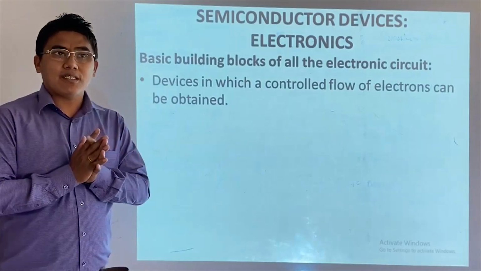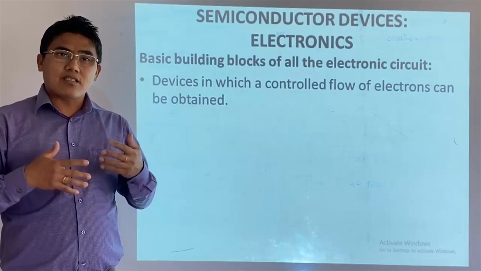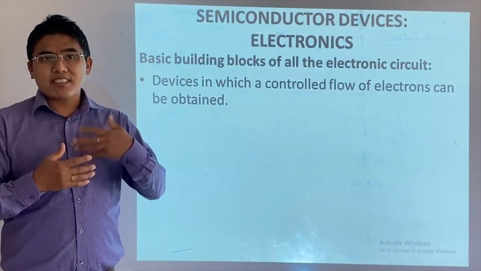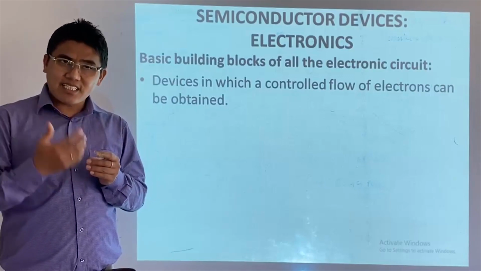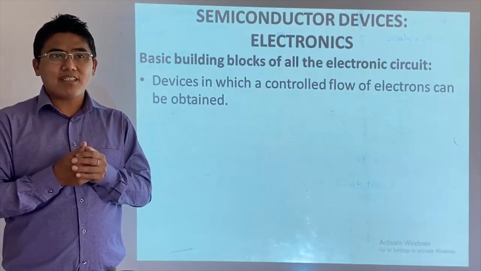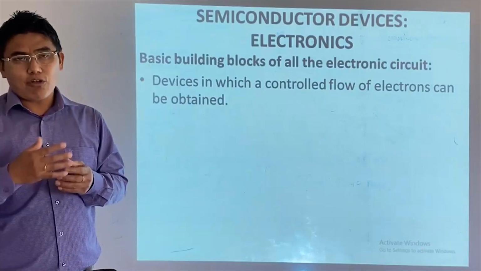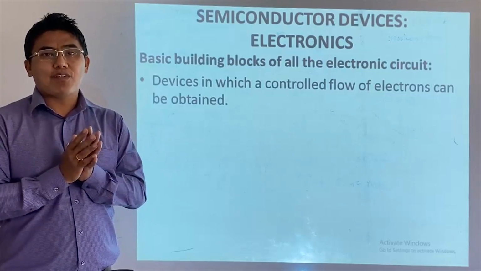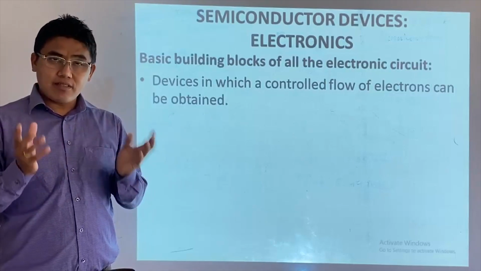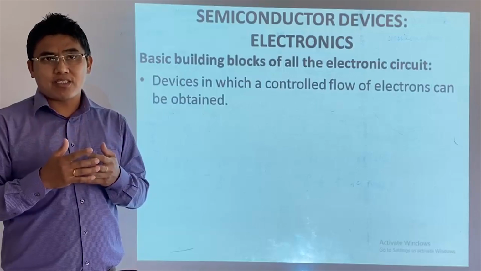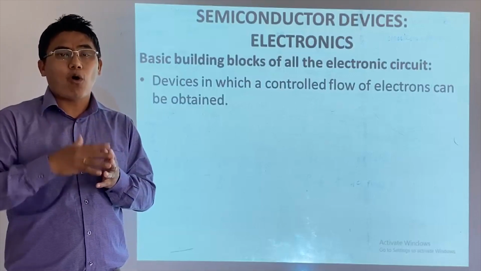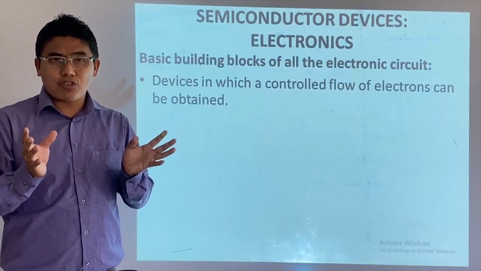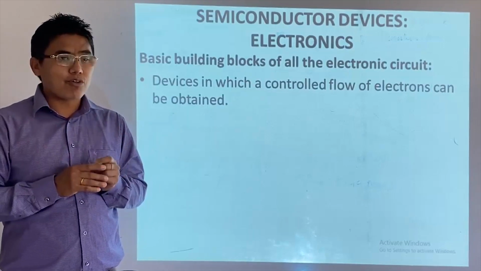Then we are going to study the types of semiconductors, pure and impure, that is intrinsic and extrinsic semiconductors, and then the diode, PN junction diodes. Then we will study applications of diodes. And at last we are going to study photoelectronic, that is optoelectronic devices. So these are the topics which we are going to cover in this chapter.